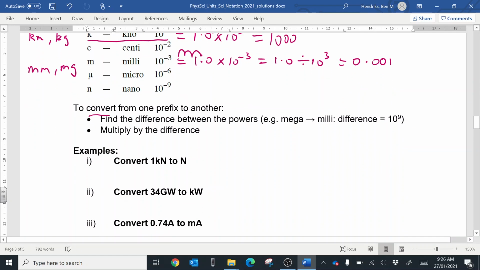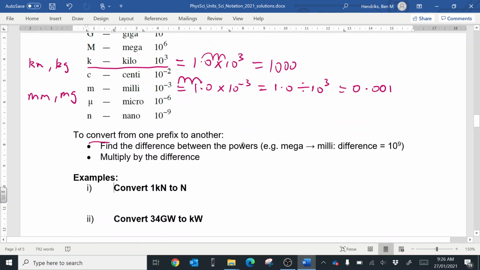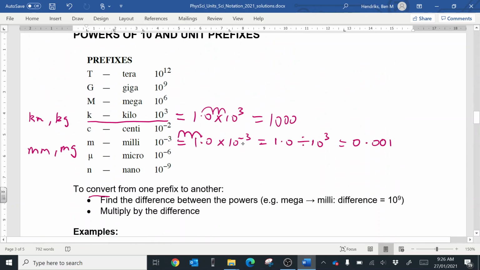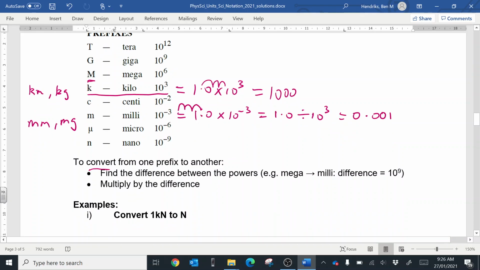Whatever situation it is. So to convert from one prefix to another, we first need to find the difference between the powers. For example, mega to milli, the difference is 10 to the power of 9. So if we look at mega up here, this is the sign for mega, and it's 10 to the 6, and then milli is 10 to the negative 3. So the difference between those two is 10 to the 9.